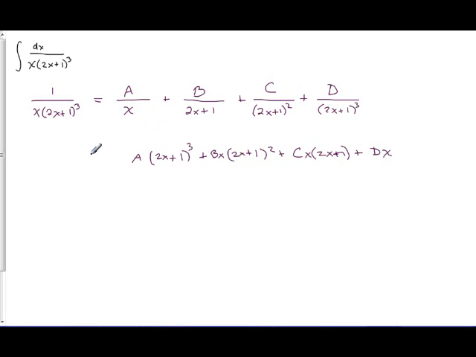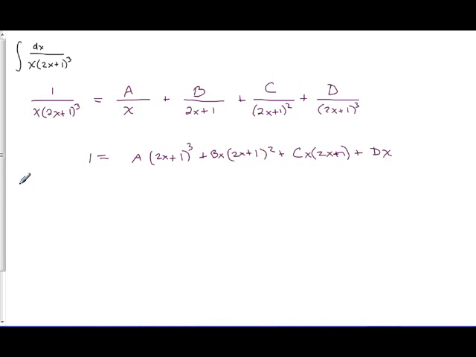And that has to equal 1, the numerator of the left-hand side, for all x. Even though the fractions aren't defined at x equals 0 and x equals minus 1/2, two polynomials can't differ at just a couple of x's. So those are going to be equal for all x, and we're going to use that fact.